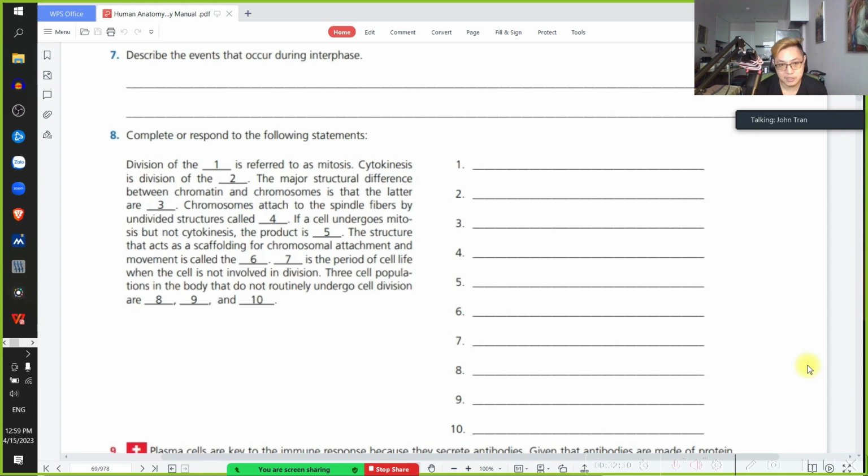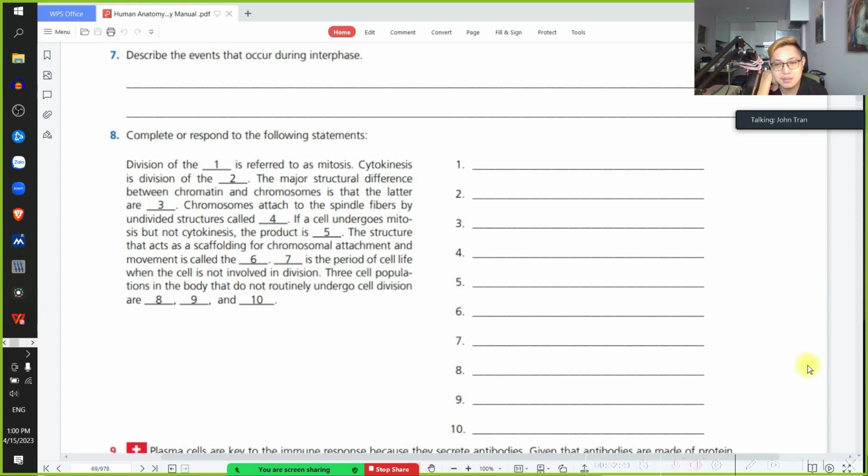Cytokinesis is division of the cytoplasm and nó phân chia tế bào chất và cái gì nữa? Và hai bên tế bào nha. Yeah. It's actually a division of the cytoplasm and all the organelles and the two parts of the cell, isn't it? Yeah.